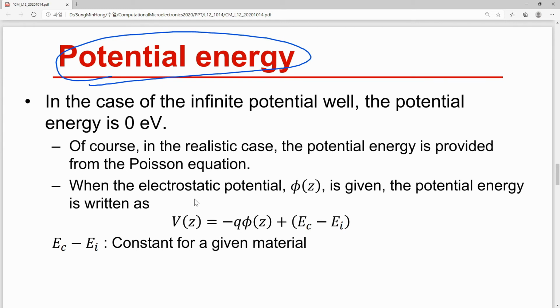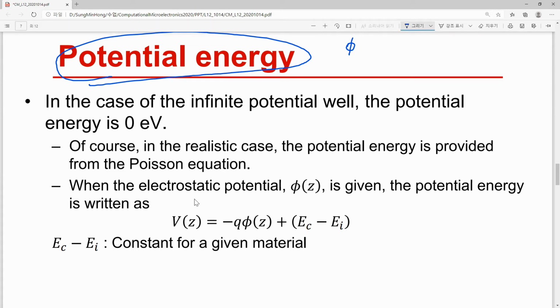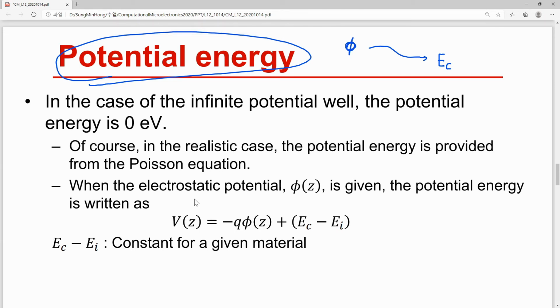Since we know only the electrostatic potential, first of all, we have to reconstruct the conduction band minimum values out of this electrostatic potential phi. But we have done it before, because when we multiply minus q to the electrostatic potential phi, then what is the physical meaning of this quantity from our convention?